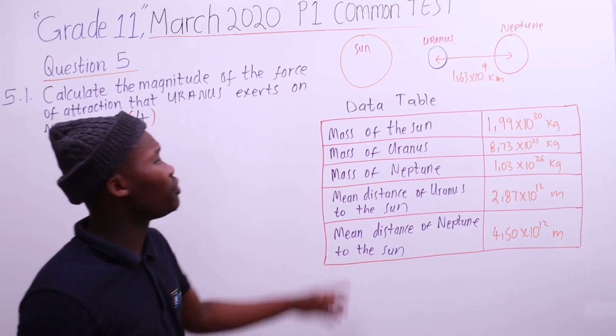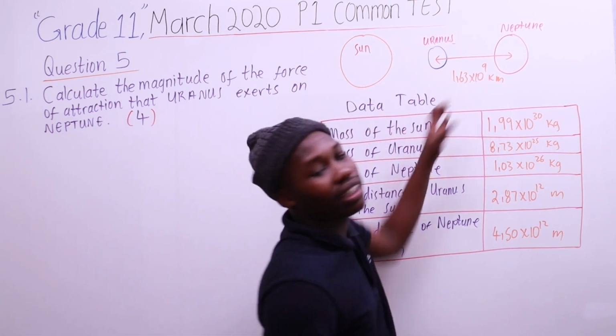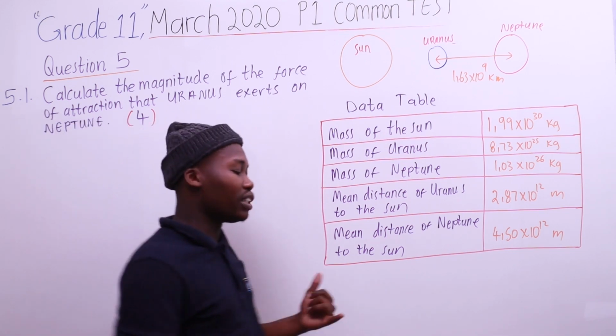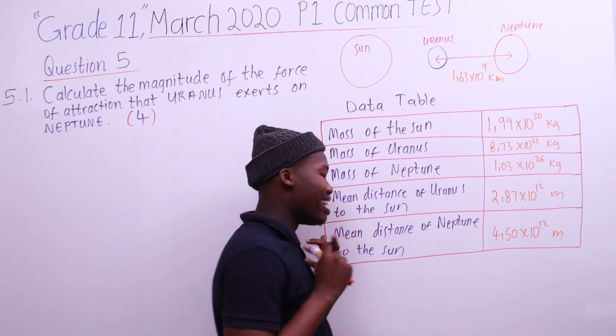We know the mass of Uranus, we know the mass of Neptune, and we know the distance between their centers.